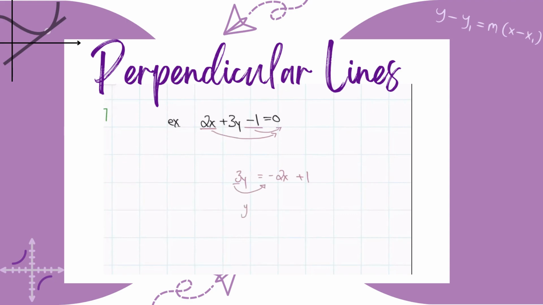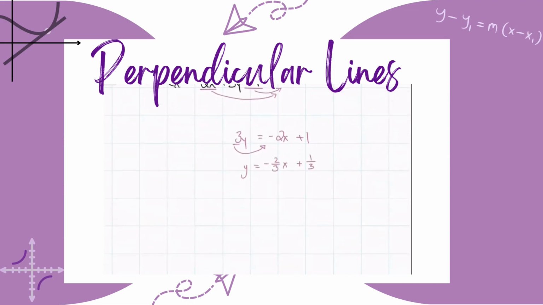So y is equal to -2 over 3x plus 1 over 3. So now we are given that our slope is what? Not the x, so slope is just a number, no variable attached to it. So it's just going to be -2 over 3.